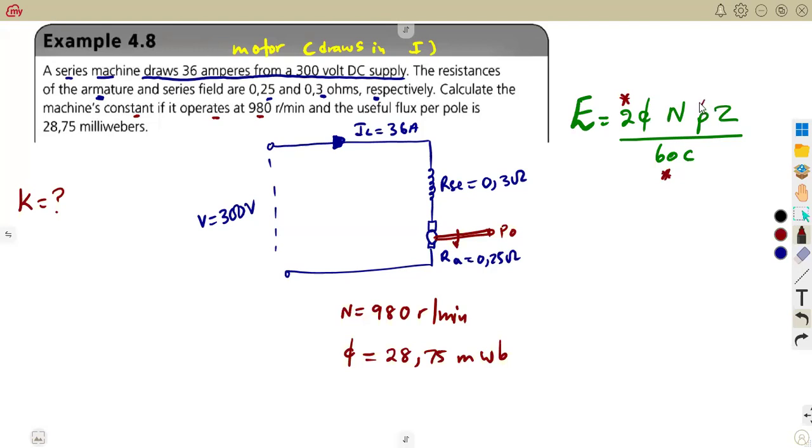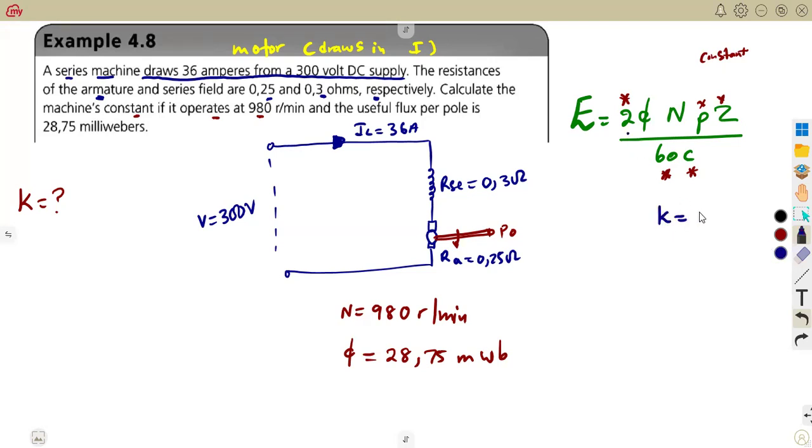The pair of poles is a constant. The number of armature conductors Z is a constant. These are constants, so they are to be taken as a single constant. The 2, the P, the Z are to be taken as a single constant.